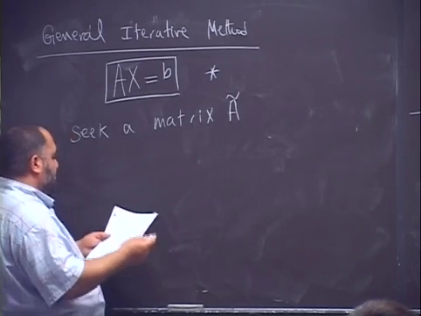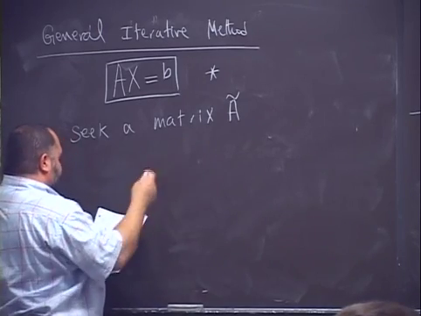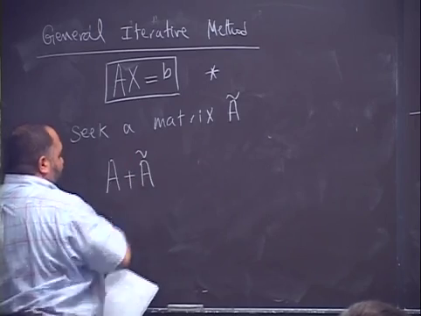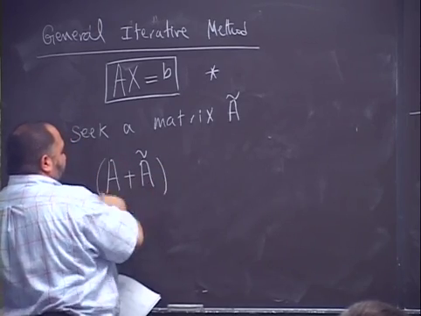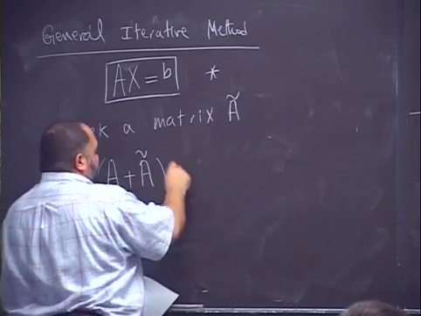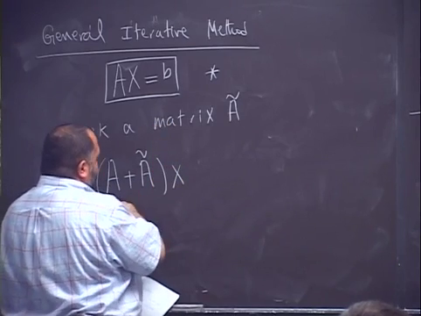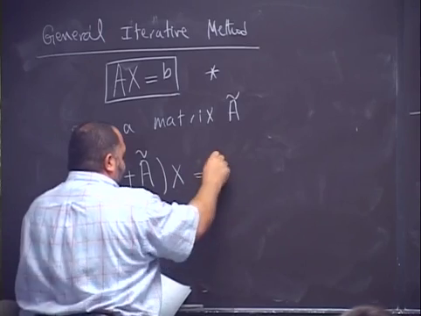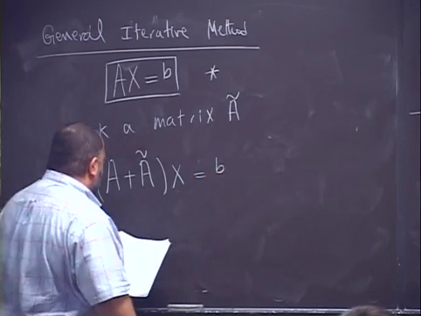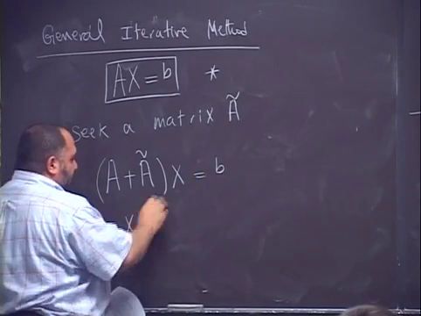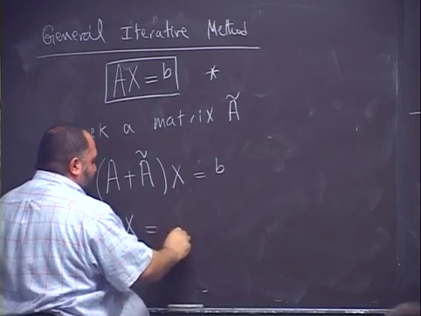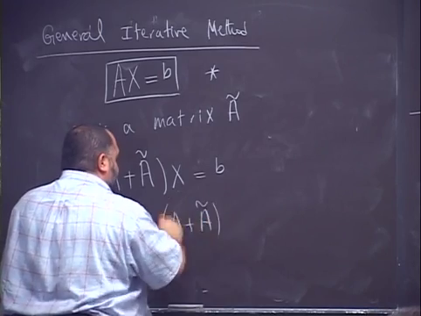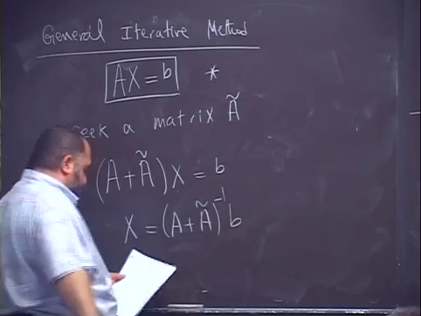I can add A plus A tilde, and the whole reason behind this is to be able to use A plus A tilde operated over X, equal to B, and it will be easy to solve the system by just taking the inverse of A tilde multiplied by B.